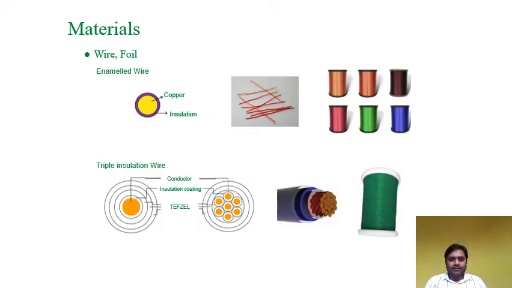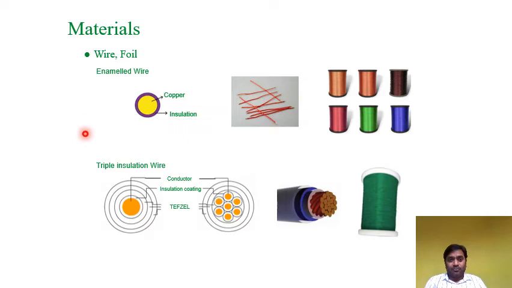Next material is again the wire, where here we have tried to show what a round wire is like. The outer layer, you can see, is the insulation, where they put the enamel coating, and inside it is copper, which is a pure conductor, and this is how it is available in the market. You can see it in different sizes, different gauges, and basically we use American Wire Gauge standards for the wire.